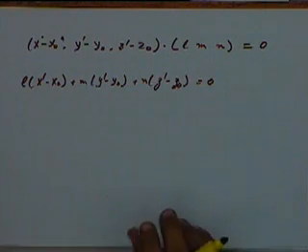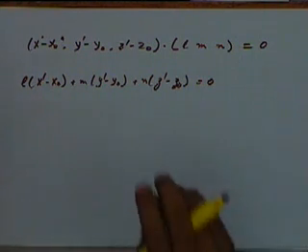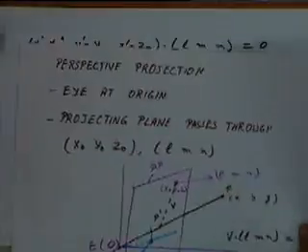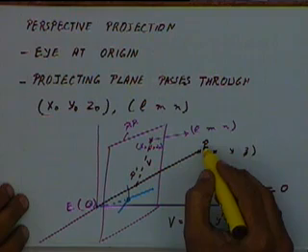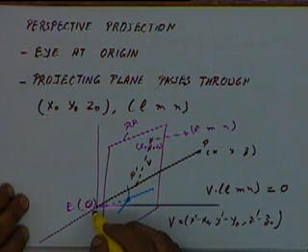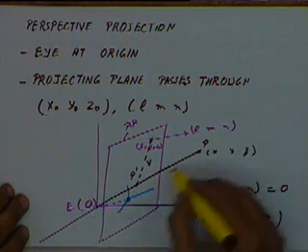The other thing that we have to notice is that if we have this point P and we are joining it to the origin, what is the equation of this straight line?